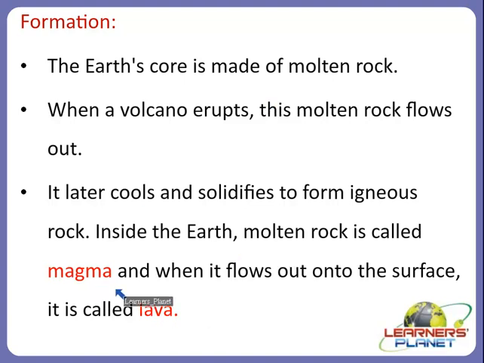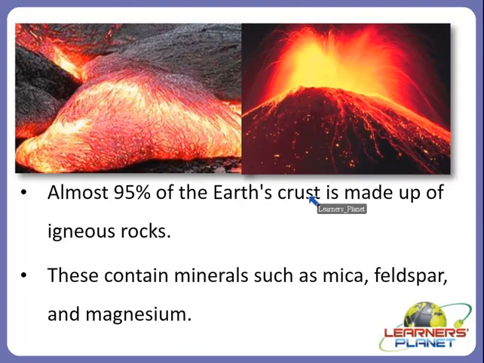So let's see the picture of magma and lava. Yes, this is the picture. The left one is the picture of magma, and this right one is the picture of lava, right?